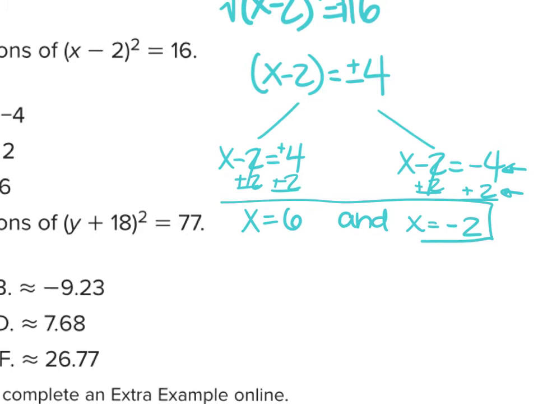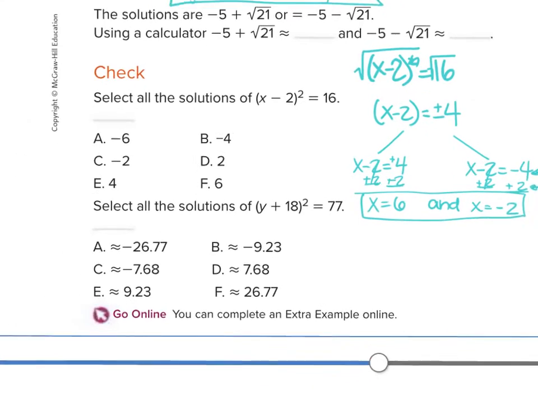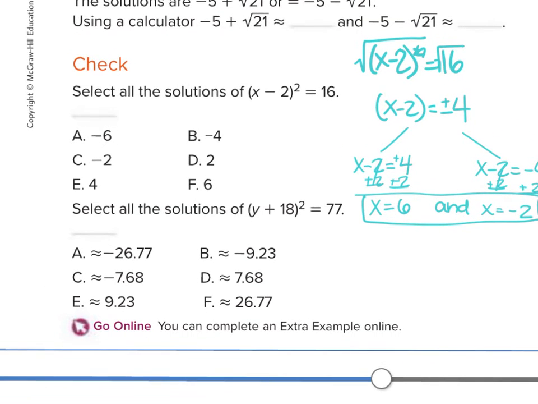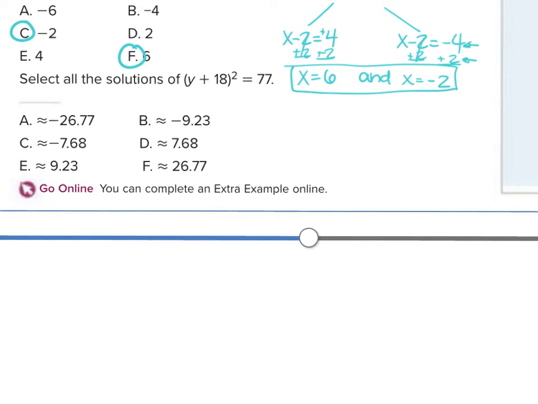So that one has two answers. You see how it says select all? That's when you have your two answers. So I would say 6 and negative 2. Please be careful about your signs. They like to put those opposite ones on there in case you forget to bring down a sign. All right, I want you guys to take like 2 minutes here and try this one.